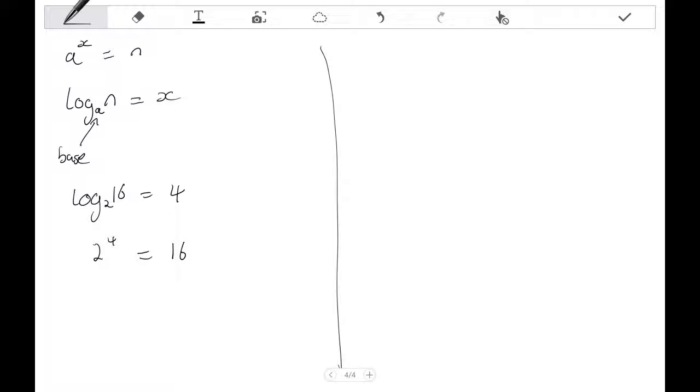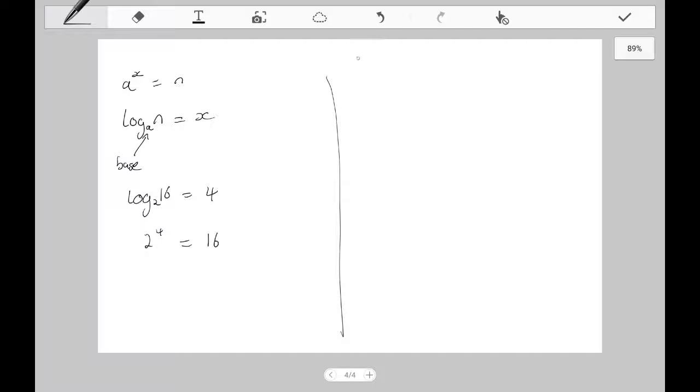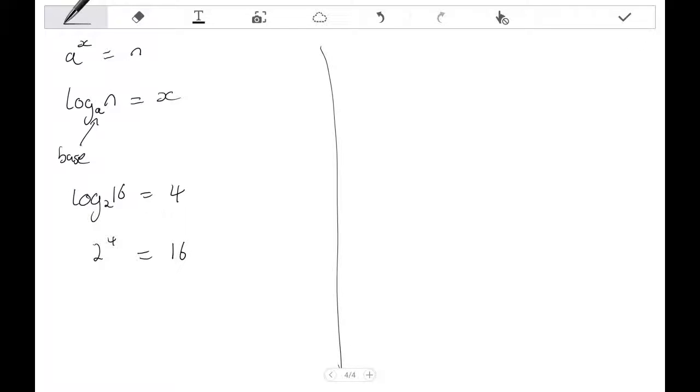At this point, we're going to note a couple of things about logs that will be really useful for solving problems throughout all of your maths. And that's two things. The first one is this, that log 1 base anything, so any base, is equal to 0. Why is that? Well, it's because it implies that a to the power of 0 is equal to 1 if a is bigger than 0.